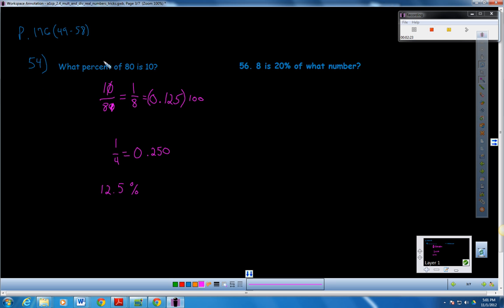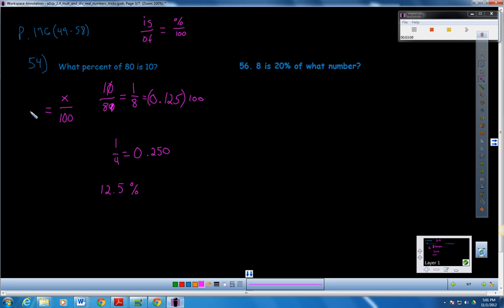You could have also used is over of equals percentage over 100. If we would have used is over of equals percentage over 100, I'm coming down here and I'm saying, what percent of 80 is 10? I know that what percent, that is my variable. So my variable is actually in the percentage spot. I identify that first. That percentage spot's just easy.